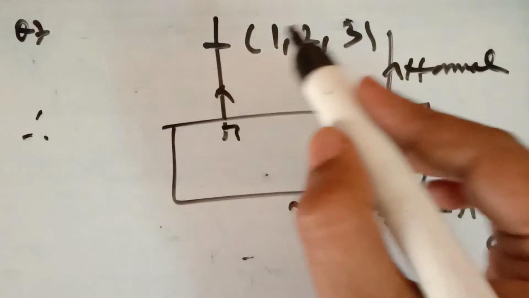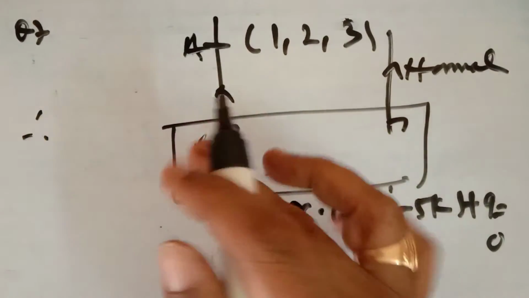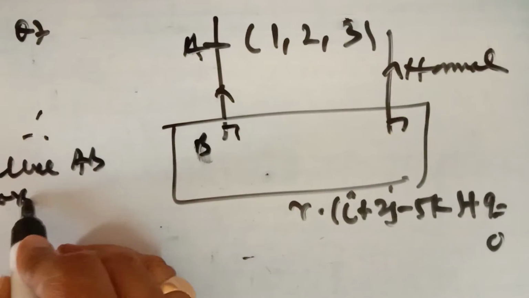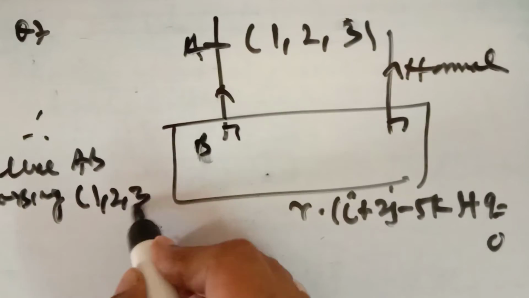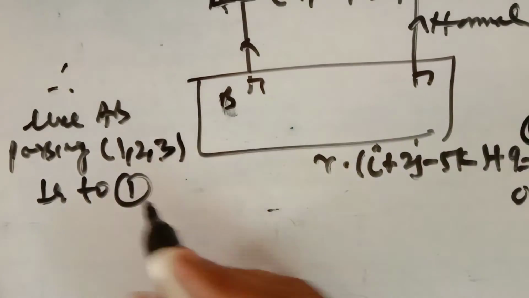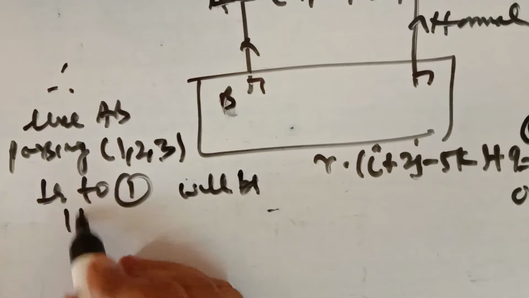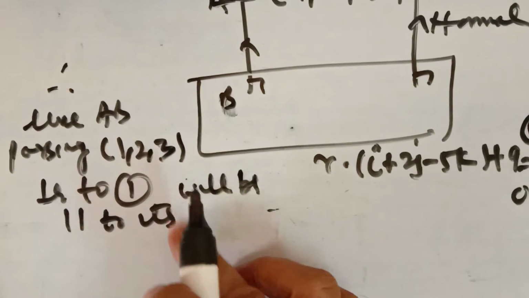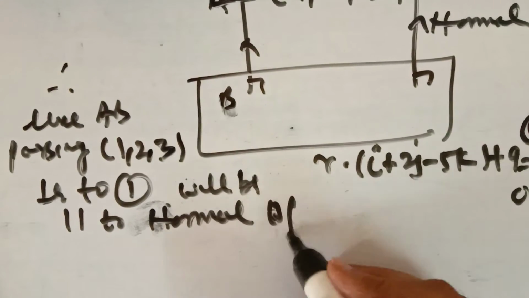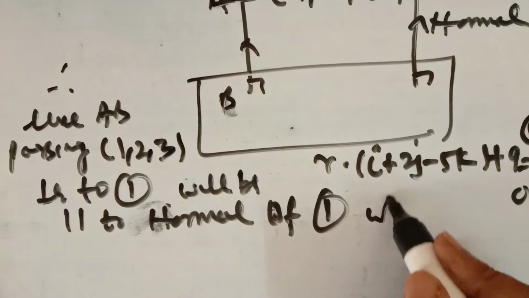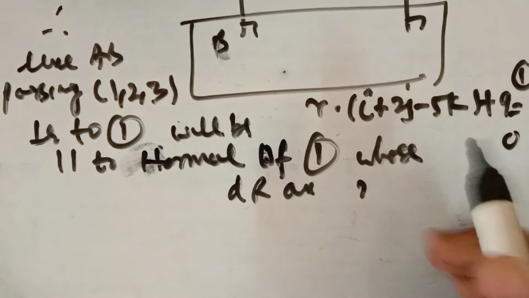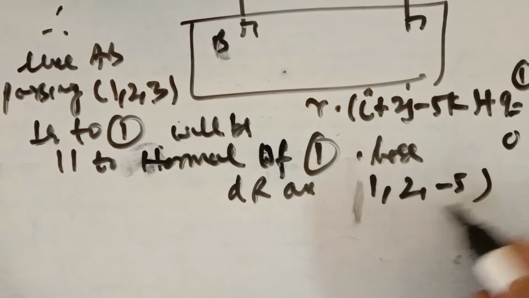So therefore line AB passing through 1, 2, 3 and perpendicular to the plane 1 will be parallel to the normal of the plane 1, whose direction ratios are 1, 2 and minus 5.